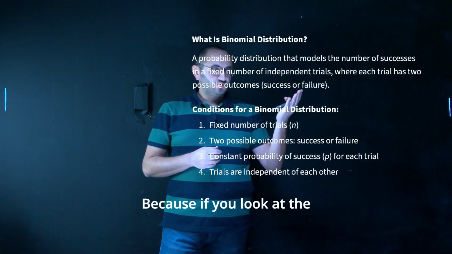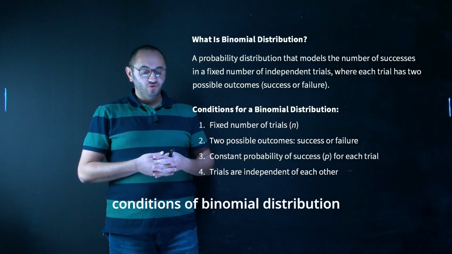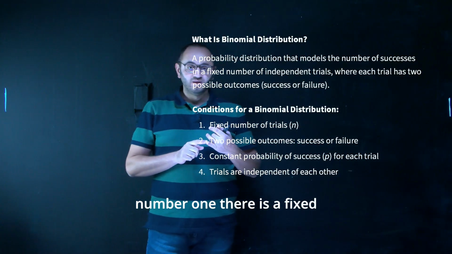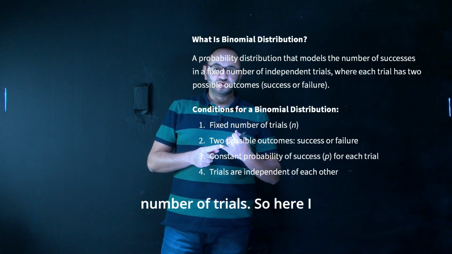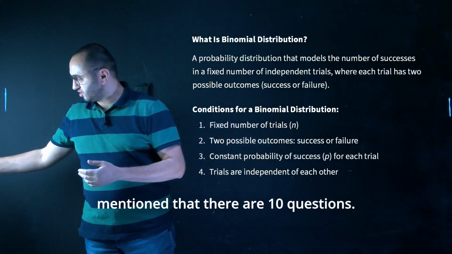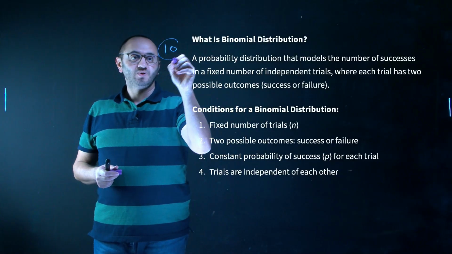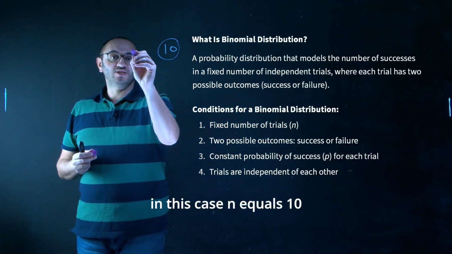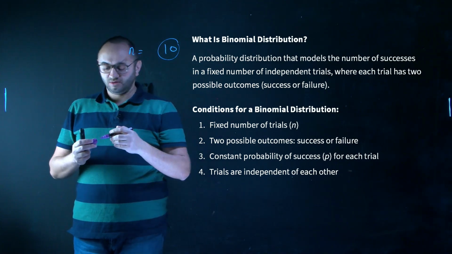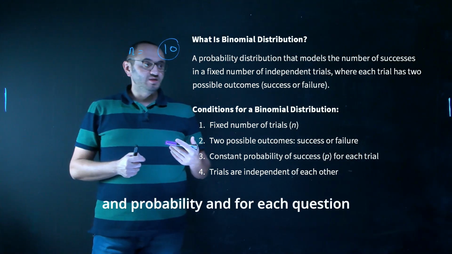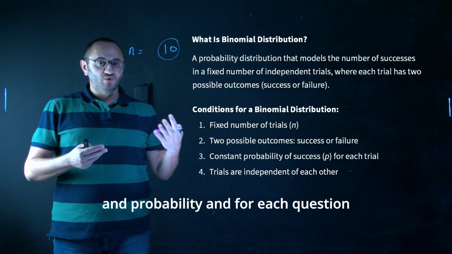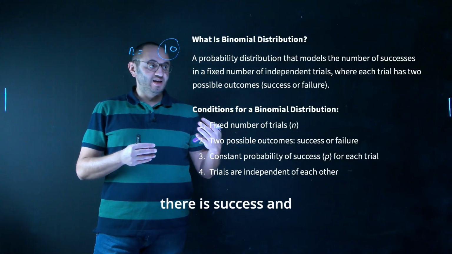Why? Because if you look at the conditions of binomial distribution, number one, there is a fixed number of trials, right? So here I mentioned that there are 10 questions, so in this case, n equals 10. And for each question there is success and failure, right?